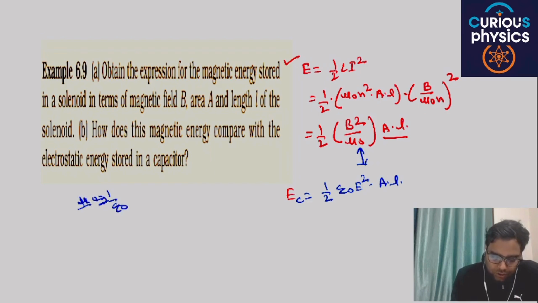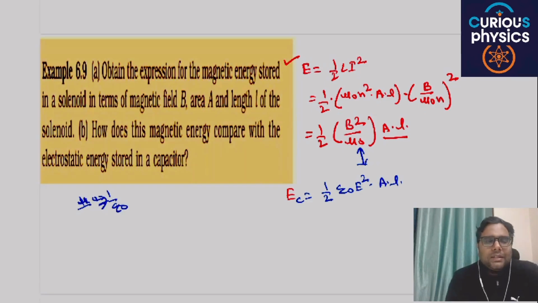If you want to find the similarities between the energy stored in a solenoid, in the form of half L I square, and the energy stored in a capacitor, you will find many similarities.